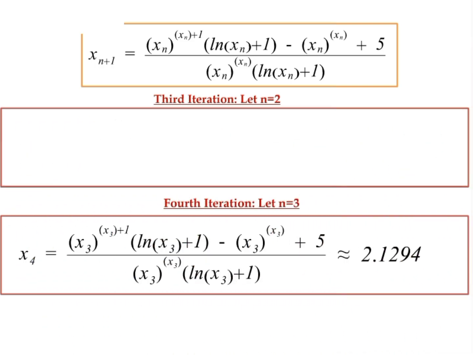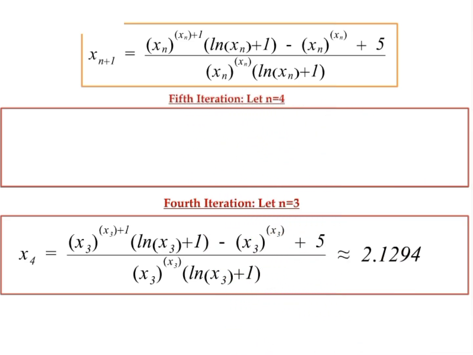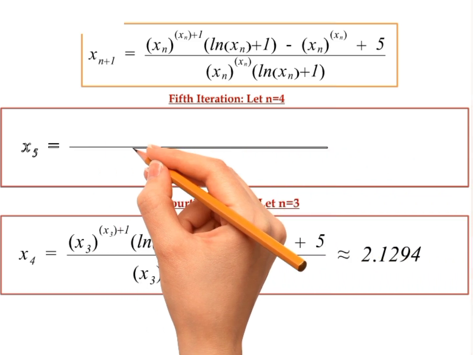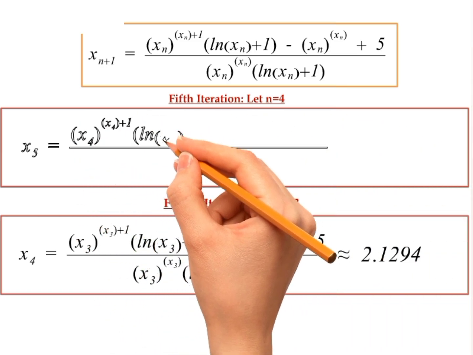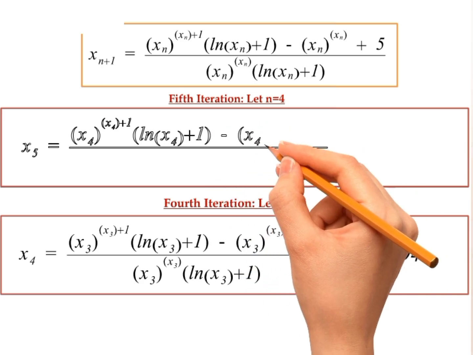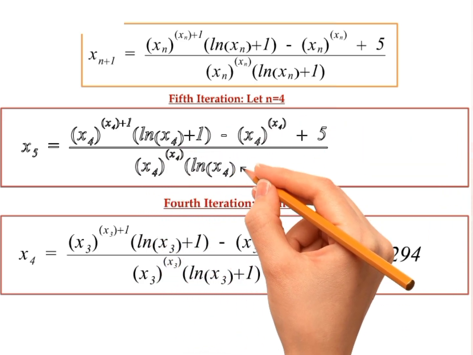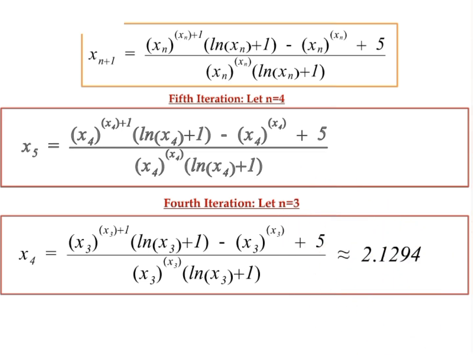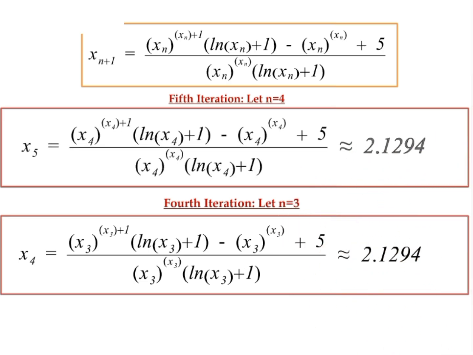We proceed to the fifth iteration, where we take n to be 4, just like any other. We substitute the value of the previous iteration, and it follows that x sub 5 is approximately equal to 2.1294.